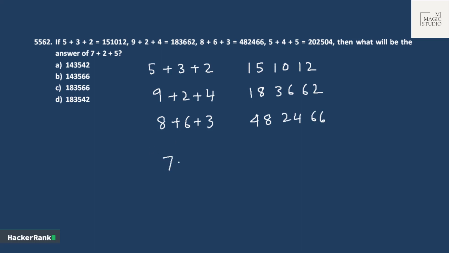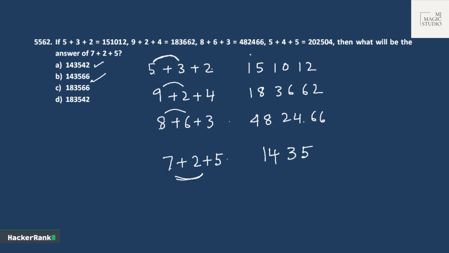And then they are looking out for 7 plus 2 plus 5. Let me see. 15, 18, 48: this is the first two multiplied. 5 into 3, 9 into 2, 8 into 6. So this should be 7 into 2, 14. The first two are 1, 4. Next, 10 is 5 into 2, 9 into 4 is 36, 8 into 3 is 24, 7 into 5 is 35.